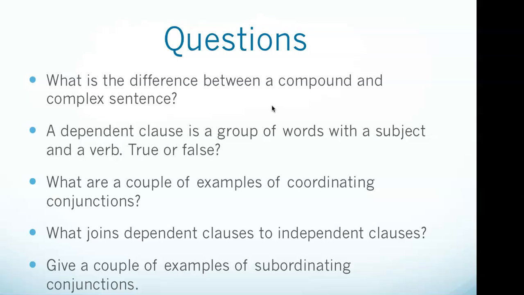Again, the big stuff you want to be familiar with: dependent versus independent clauses. Do you know how to recognize those? And coordinating versus subordinating conjunctions. Do you know how to differentiate those? Those are the two most likely things. The third one would really be this first question: compound versus complex sentence. Okay, so if you have those three things down, you're good to go on sentences.